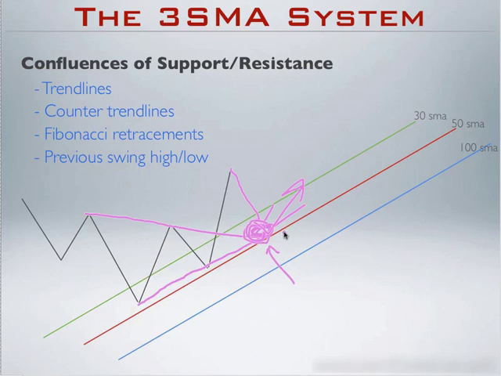Any price bounce that may happen off that area is going to be a strong bounce, because we have not only the dynamic area of support and resistance, but also those two standard levels of support coming together, and therefore strengthening the signal.